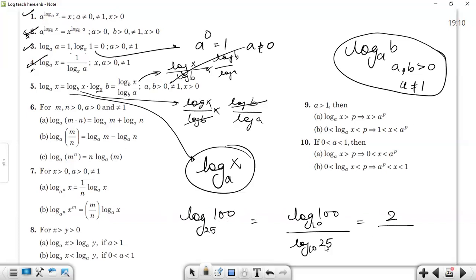And for the denominator, 25 can be written as 5 raised to power 2, so it is 2 into logarithm of 5 to the base 10. Generally we know the value of logarithm of 5 to the base 10. Even if we don't, we know the value of logarithm of 2 to the base 10. So we simply write 5 as 10 by 2.